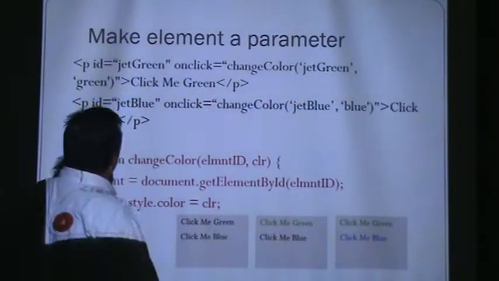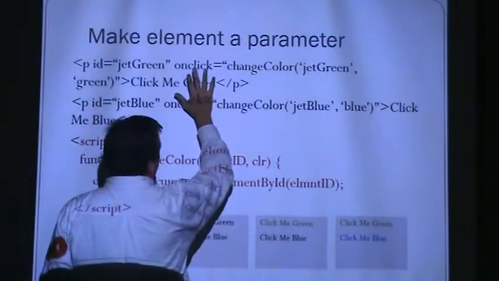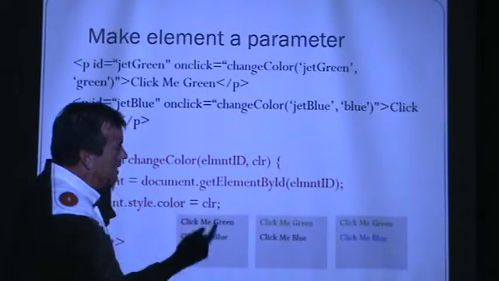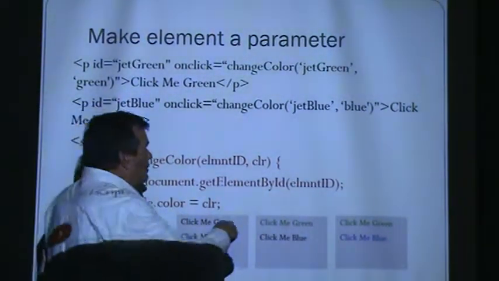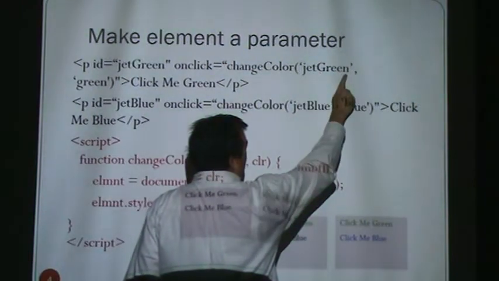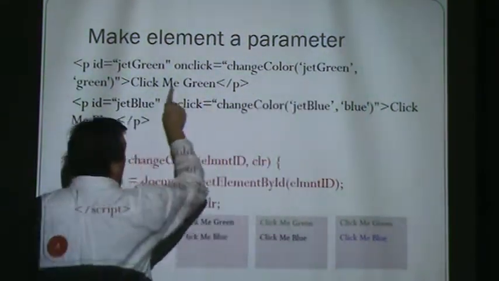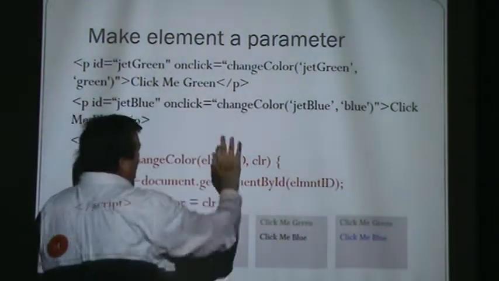So anyway, I'm calling this paragraph Jet Green, and I'm saying onClick call the change color function. But now I'm going to pass in as a parameter the ID of the paragraph I want to change, and I'm also going to pass in the color I want to change it to. And then I'm going to say click me green.